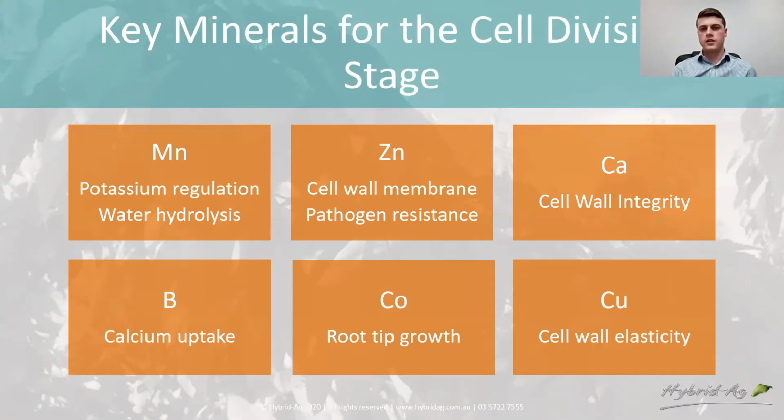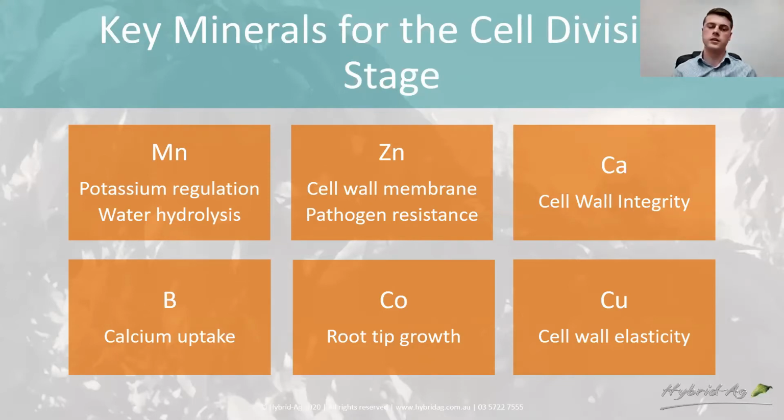Cobalt is required to stimulate the growth of root tips and their continual growth. Although it's only required in a very small amount, it's a critical part of ensuring the plant can produce cytokinins on its own.